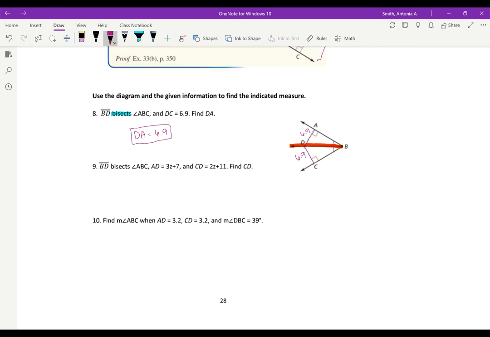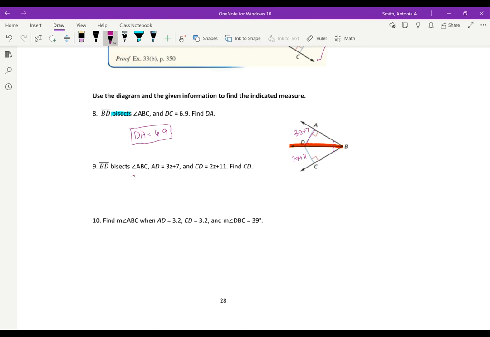Let's look at 9. So BD is still the bisector of ABC, but now it says that AD, I'm not going to redraw this one, but it says AD equals 3Z plus 7, and CD equals 2Z plus 11. Well, since it's a bisector, we know that those angles are the same. If those angles are the same, we know that these distances are the same.